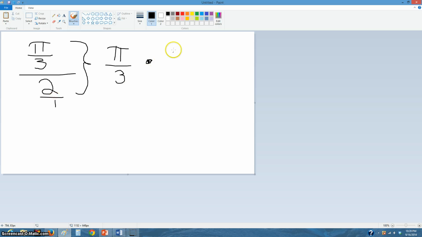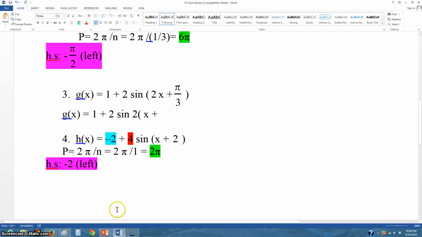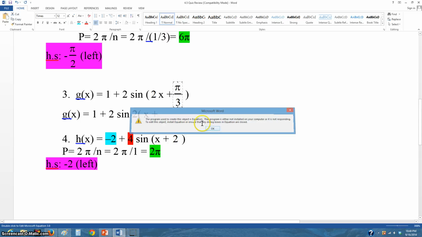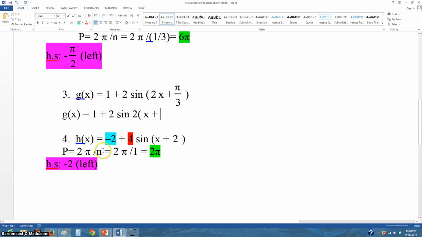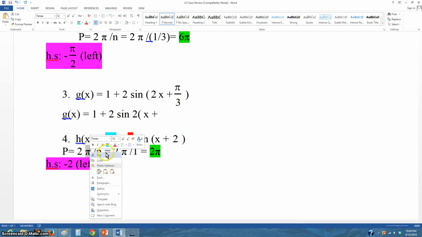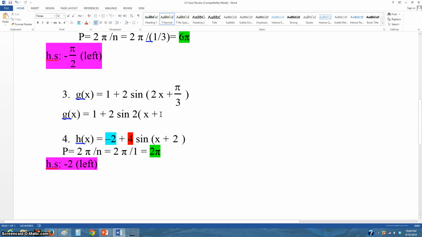So when I flip it, it becomes 1 over 2. When I multiply top times top, I get pi, and bottom times bottom, I get 6. So I have pi over 6. This is what's left over, so it goes inside the parentheses. Because I can't do it the regular way for fractions, I'm going to say pi over 6 like that.